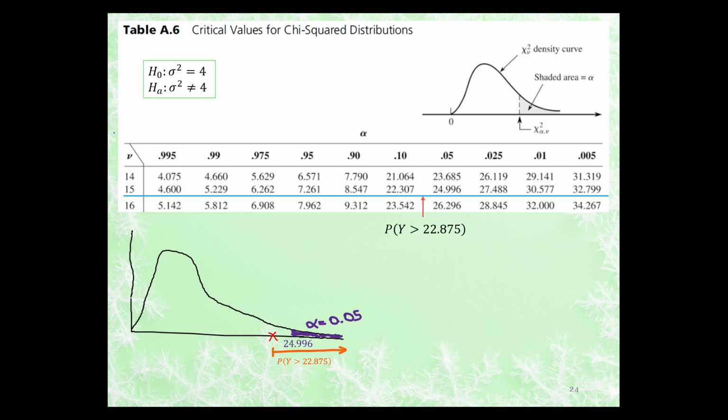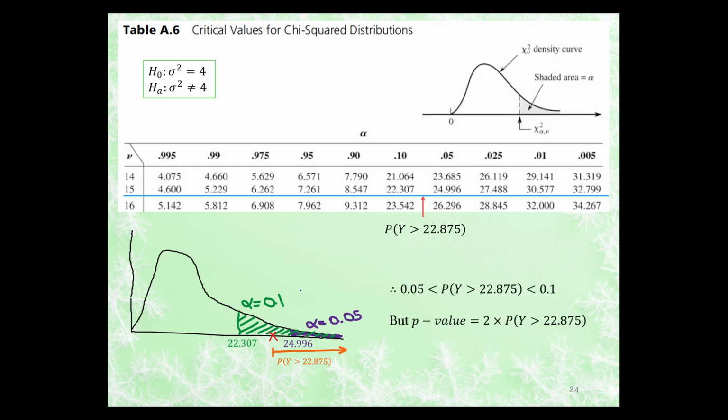The other value, on the other side of the one that we're interested in, is 22.307, and that value is associated with an alpha of 0.1. If we look at the sketch, the probability we're interested in has to be larger than 0.05, but also smaller than 0.1. That is what I've written there.